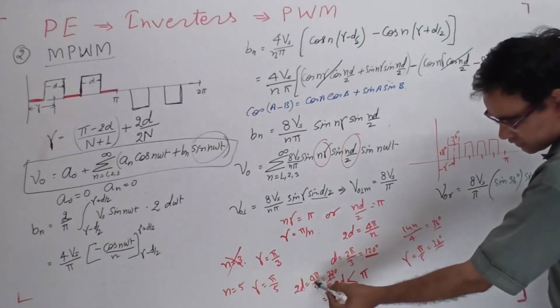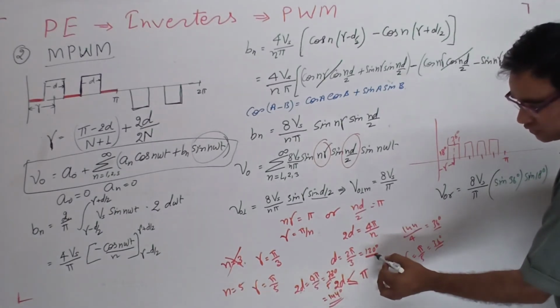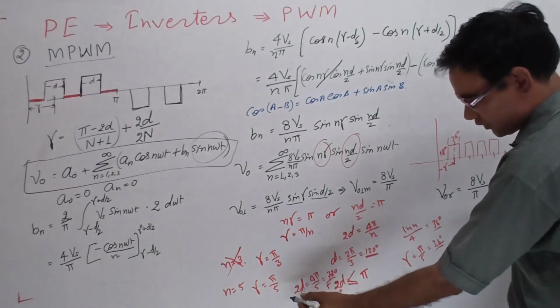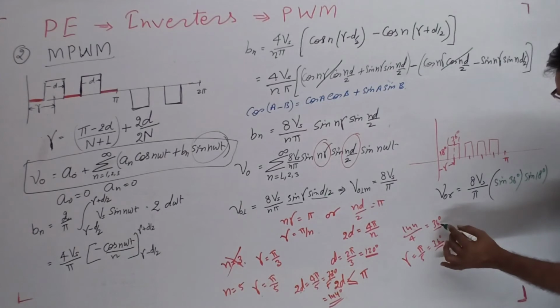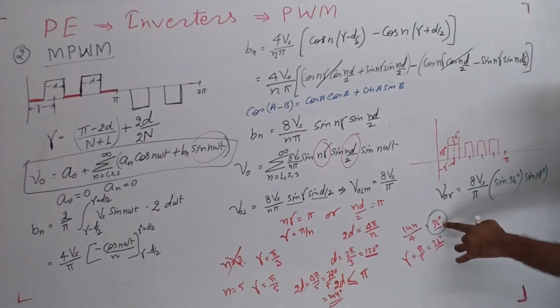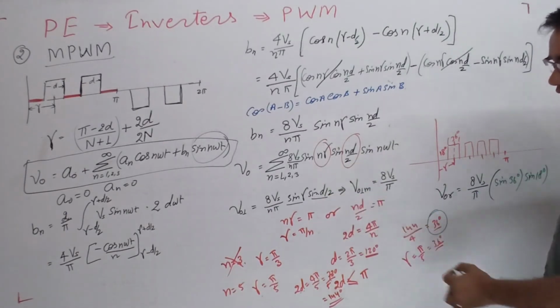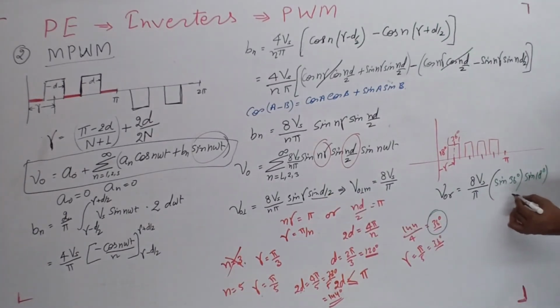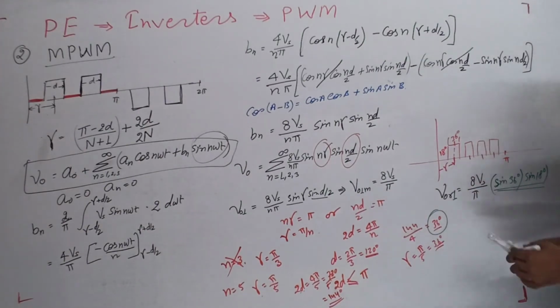For the fifth one we are taking the pulse width as 4 pulses and each pulse is 36 degrees, so D by 2 is 18 degrees. So this is the multiplying factor, the reduction factor by which the fundamental gets reduced.